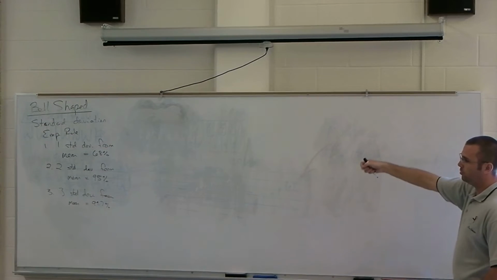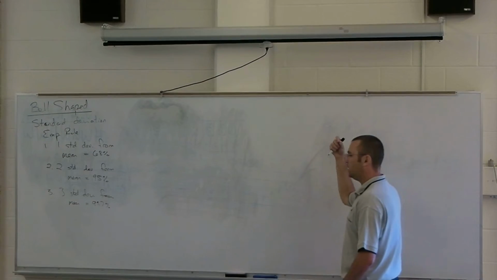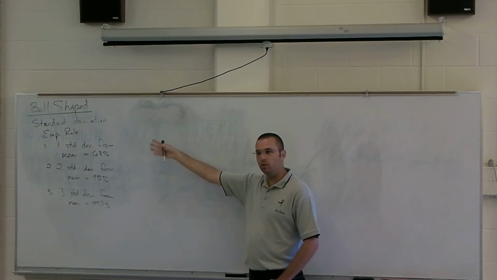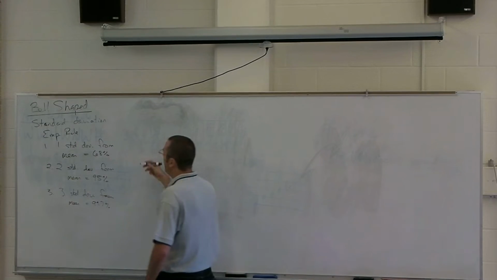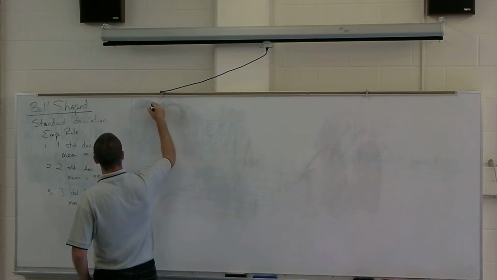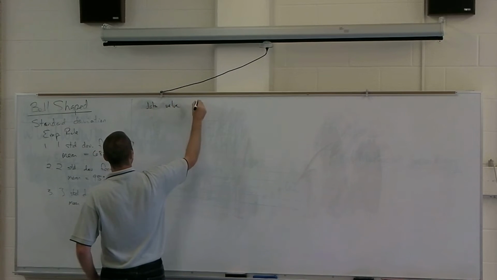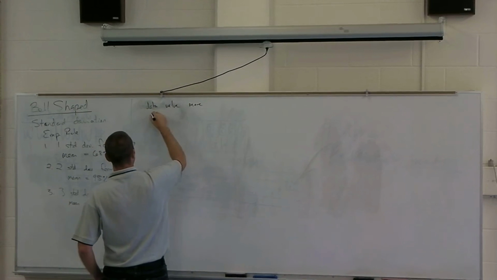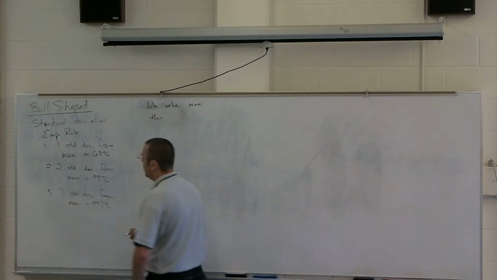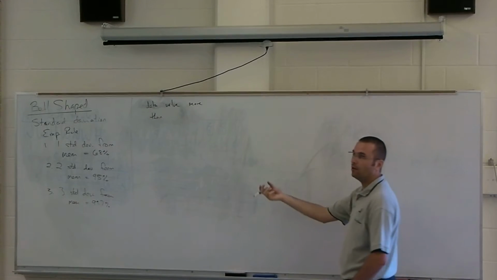So if you're more than 3 standard deviations from the mean, that's a very strange occurrence for these bell-shaped distributions, okay? Anytime we have a bell-shaped distribution and we have a data value which is more than 3 standard deviations from the mean, that particular data value is often given the term potential outlier.